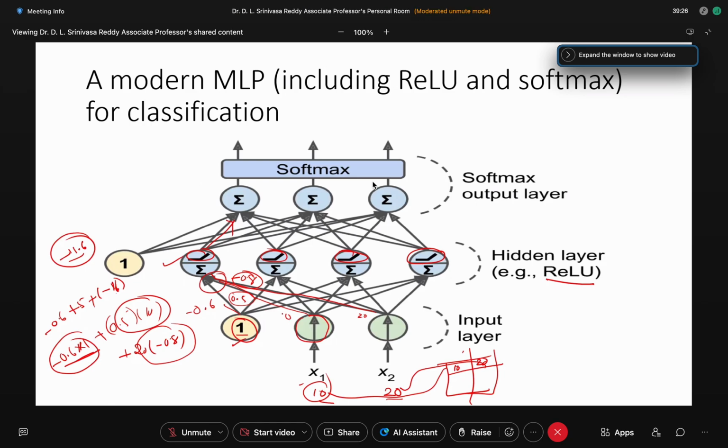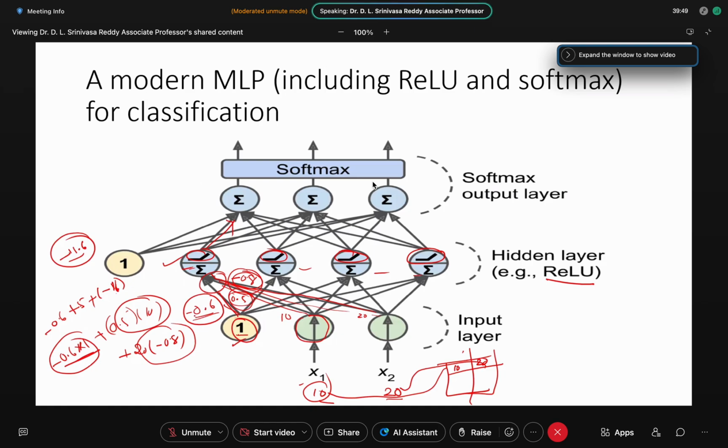Now this 10 feeds to this one, and this 20 also feeds to this one, similarly for all. I am giving these as the parameters or weights for these connections. This is the weight for this connection at 0.5, and this is the weight for this connection at minus 0.8.